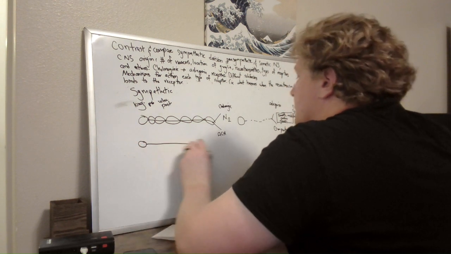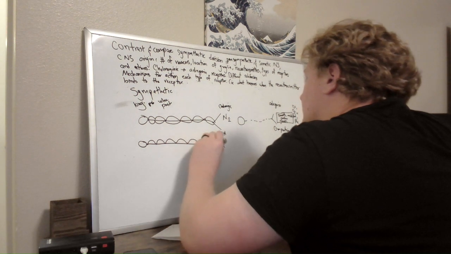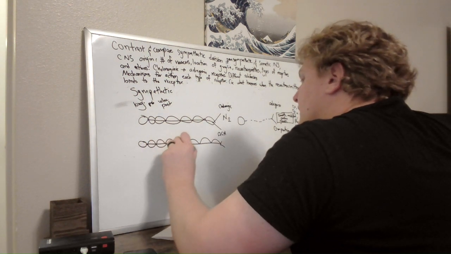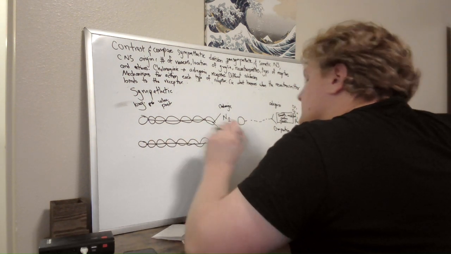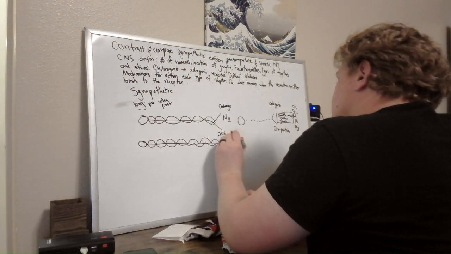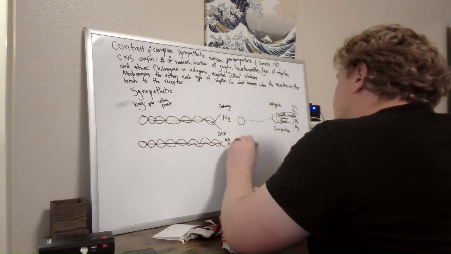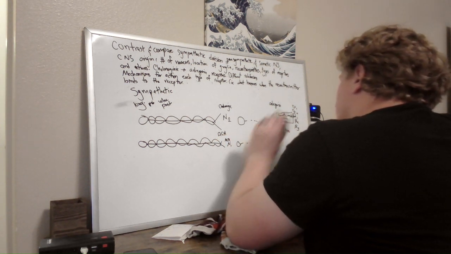So sweat glands, they're not part of the parasympathetic. They're still sympathetic. So this one's called an N1 receptor. It's still cholinergic, so acetylcholine is going to be the neurotransmitter between the two. Still a dotted line, very short.